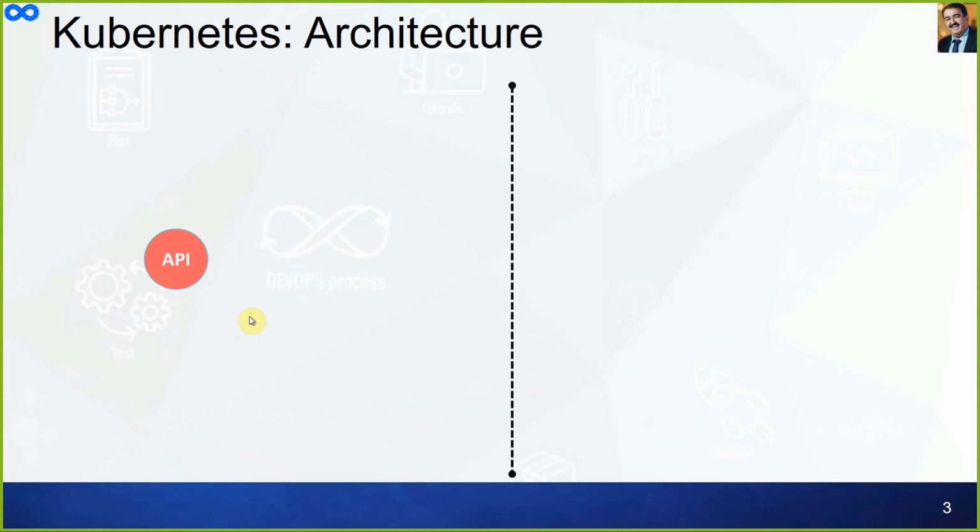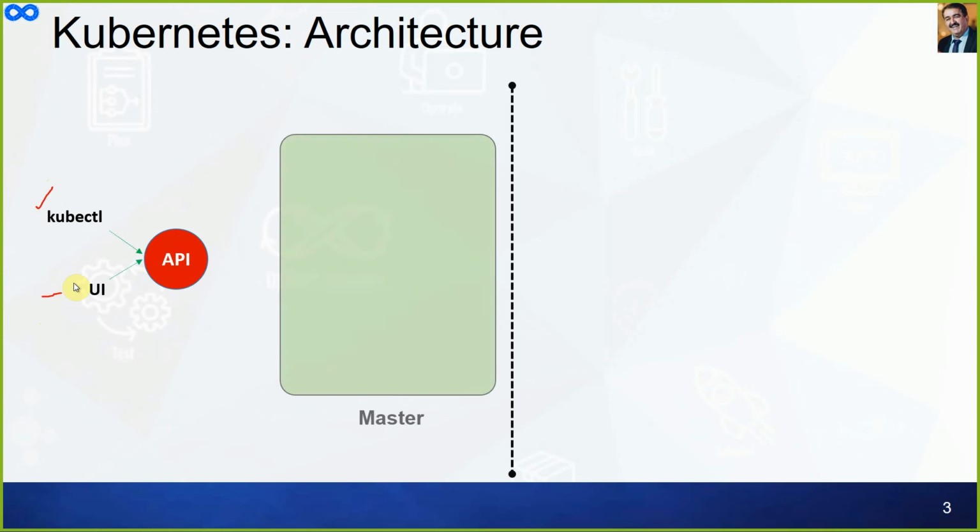The Kube API server is the main server listening on port number 6443. Whether you are using the kubectl command line utility or a dashboard like a user interface, you send the request to the API server.